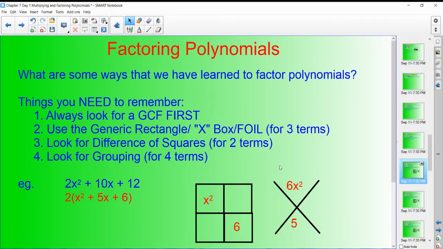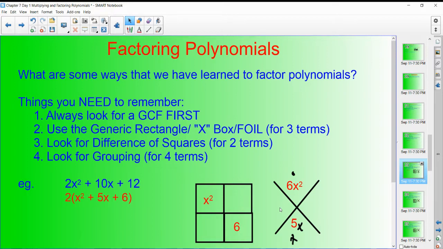And that's where my x comes in. So 6x squared comes from 6 times x squared. But these 2 numbers on the left and right also have to multiply to the top. So I like to put a multiplication dot or an x up there to say multiply. And they have to add up to 5x. So I like to put a plus down here.